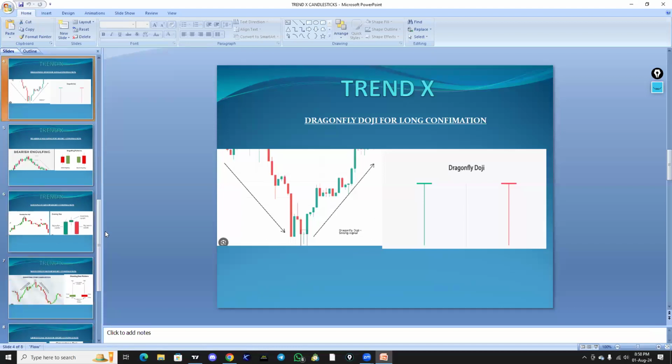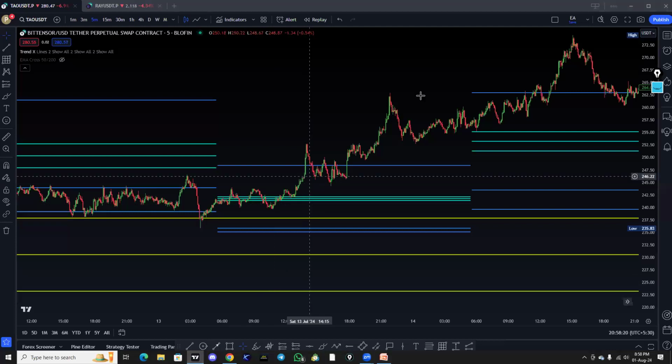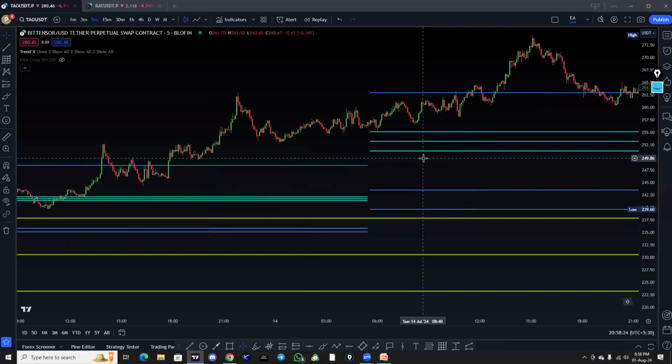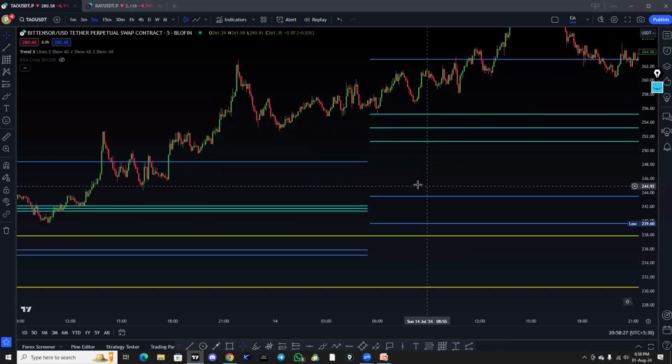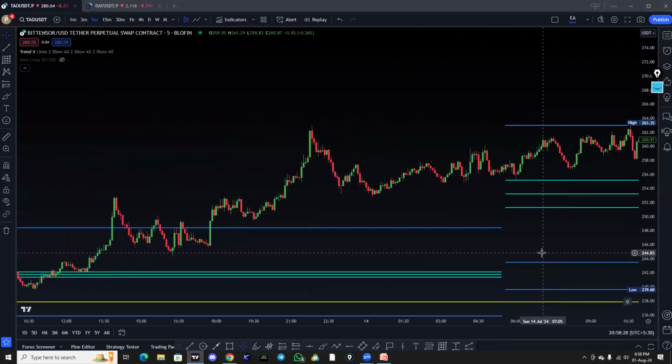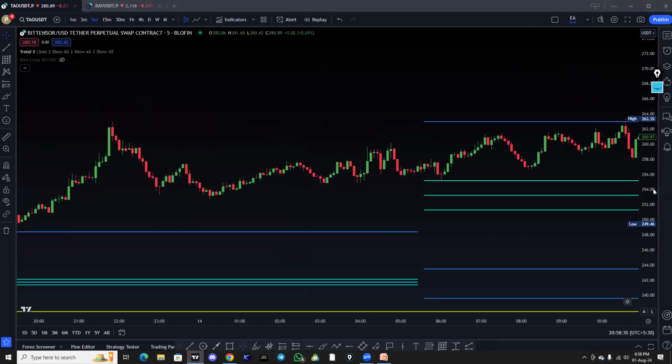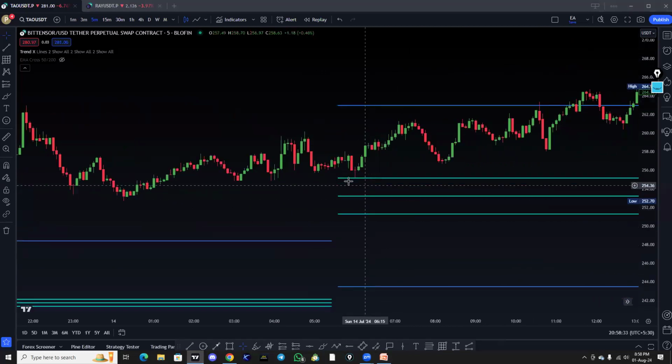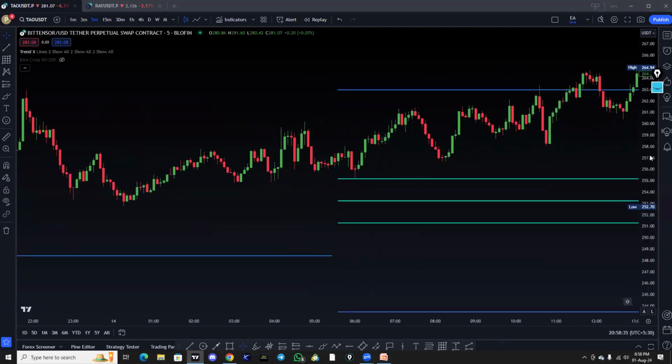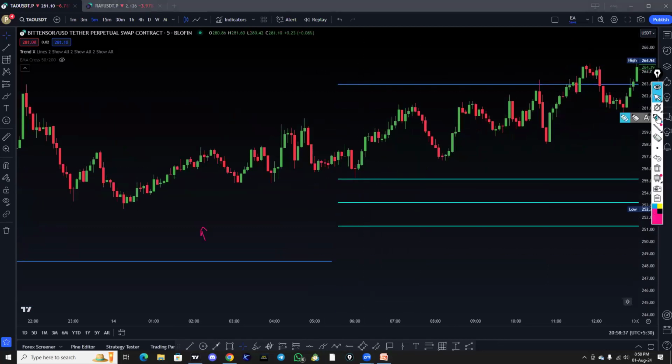Okay, now what I showed you first was only for long positions. I saw something here, I'll just show you guys. You can see this is exactly near trend X, right? And we got a dragonfly doji at this place.